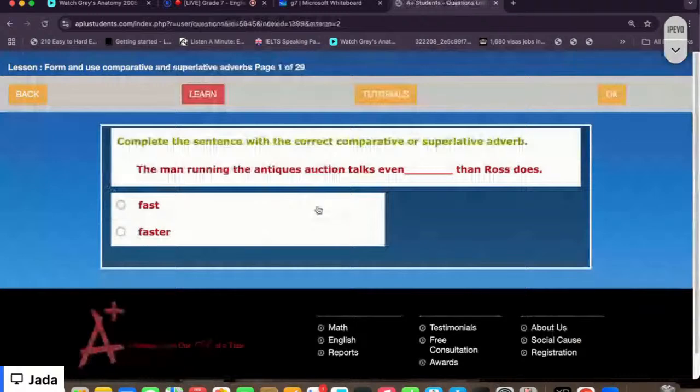We have: the man running the antiques auction talks even dash than Roster, talks even fast or faster. Which one?